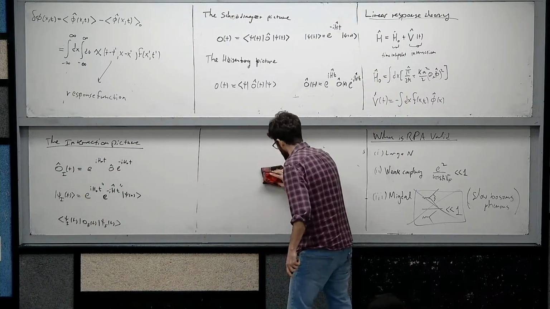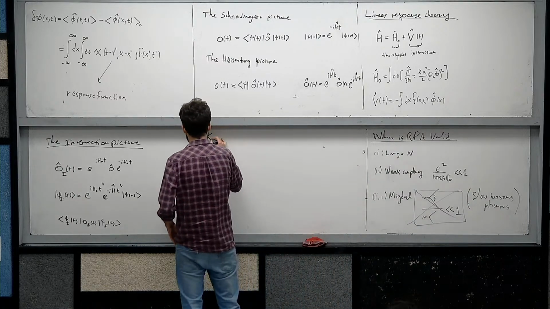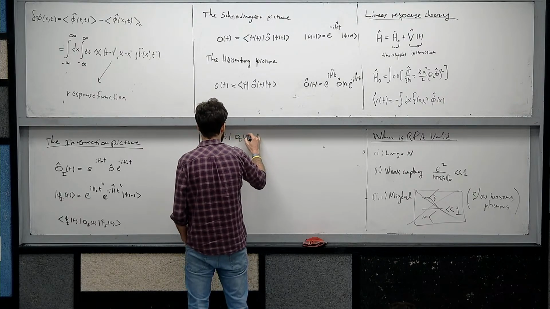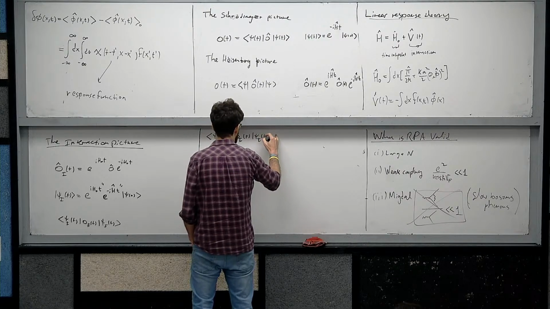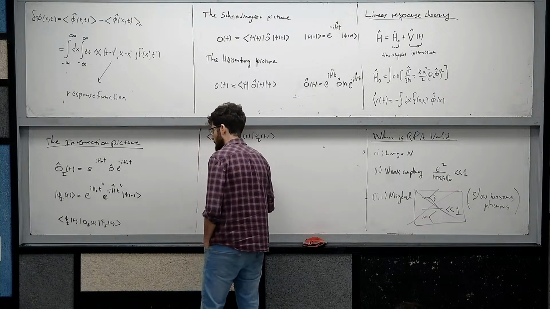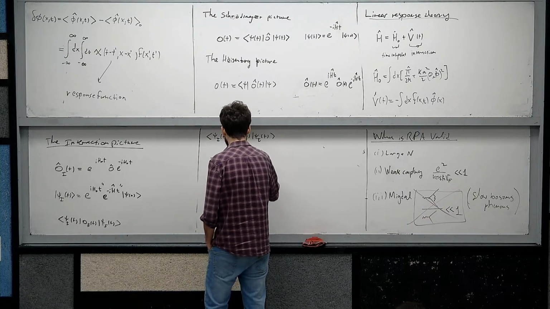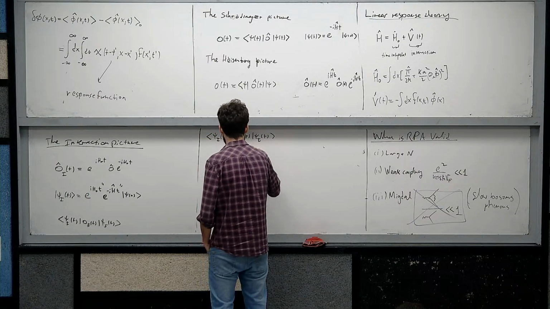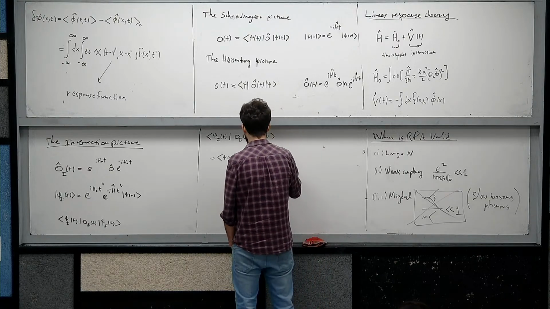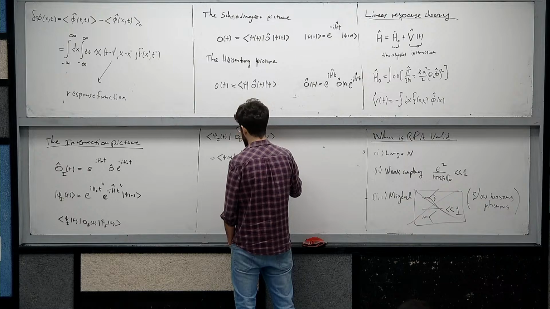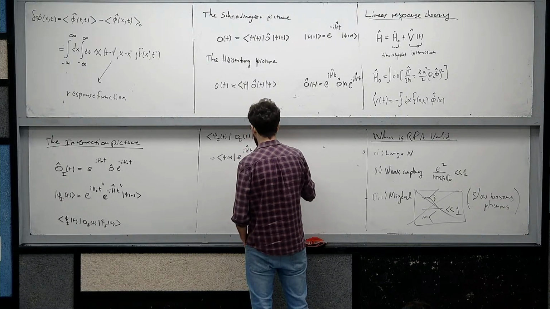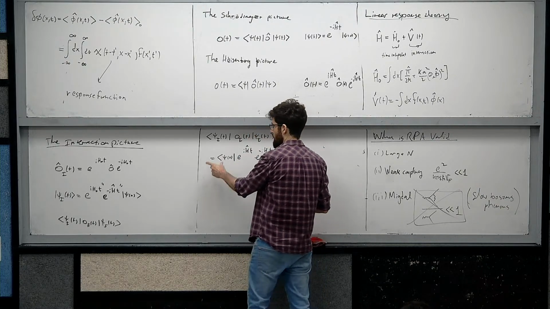I write psi_I(t), O_I(t), psi_I(t) is equal to psi(0), and then I have e to the minus i H, the full one, and an integral, with a plus, e to the minus i H_0 t. Okay, that's evolving this thing.